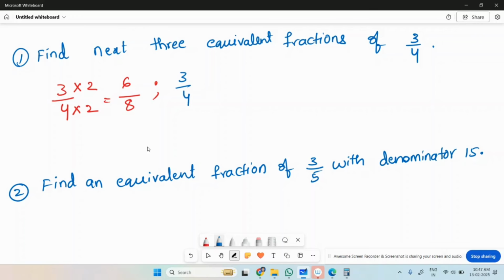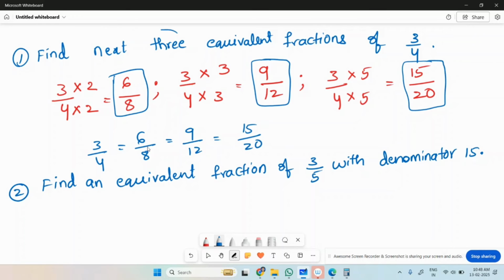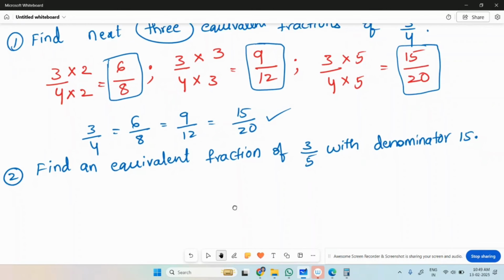In the same way, 9 upon 12, 12 upon 16, 15 upon 20 are equivalent fractions of 3 upon 4. 3 upon 4 is equal to 6 upon 8 equals 9 upon 12 equals 15 upon 20. Here they are asking only three equivalent fractions. That's why we are writing three equivalent fractions. If they ask us to write 5 equivalent fractions, we have to write 5 equivalent fractions by multiplying the numerator and denominator by the same number. Okay, let's see the next question.